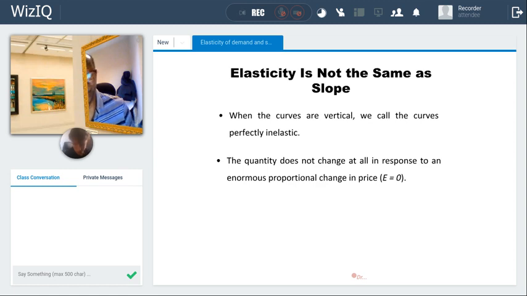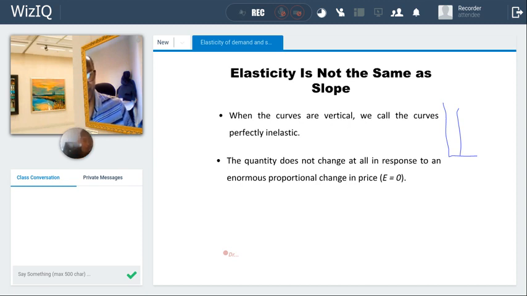So if you have this line here, the quantity does not change at all in response to an enormous proportional change in price, which means elasticity is equal to 0.